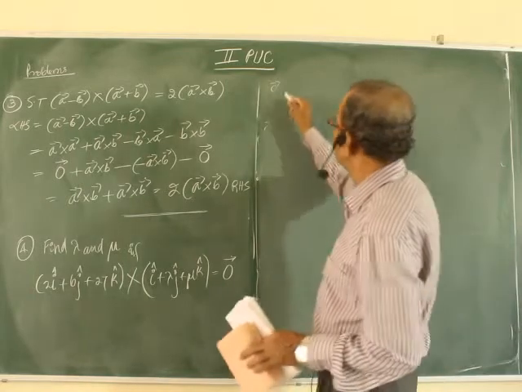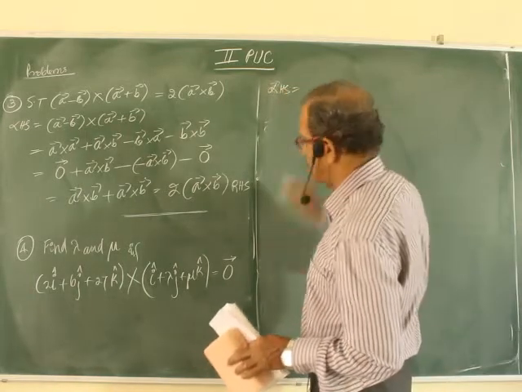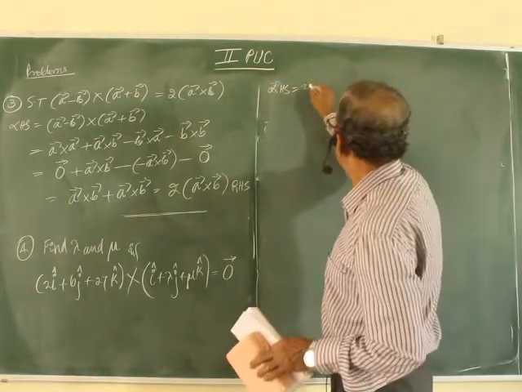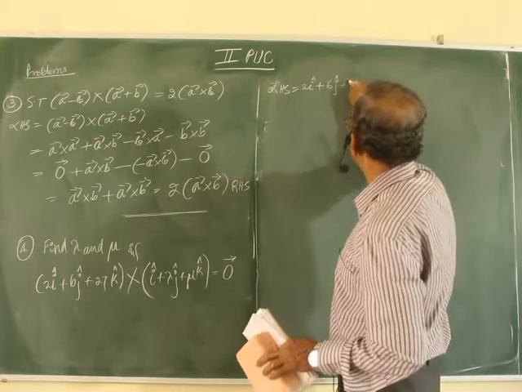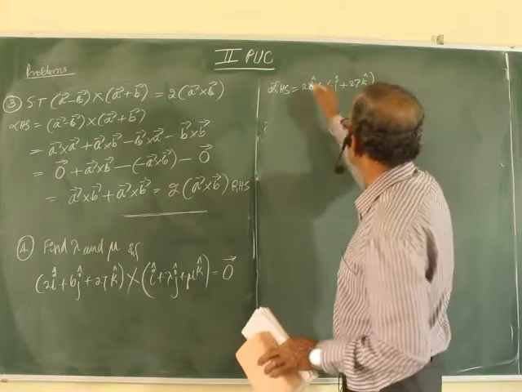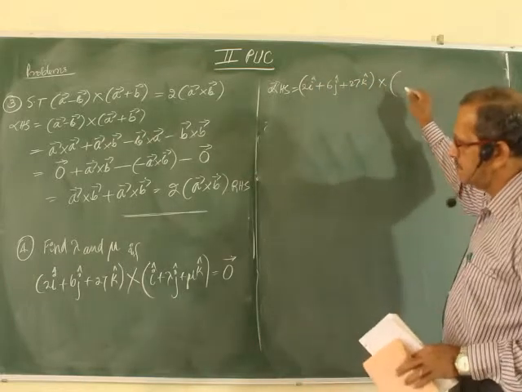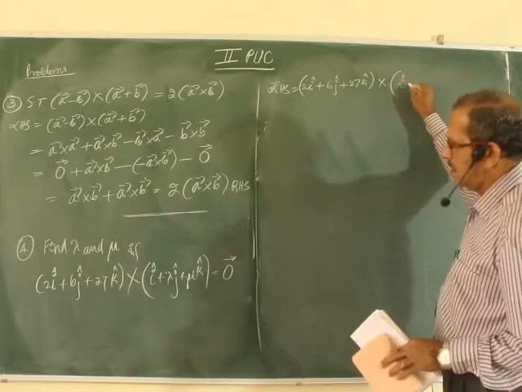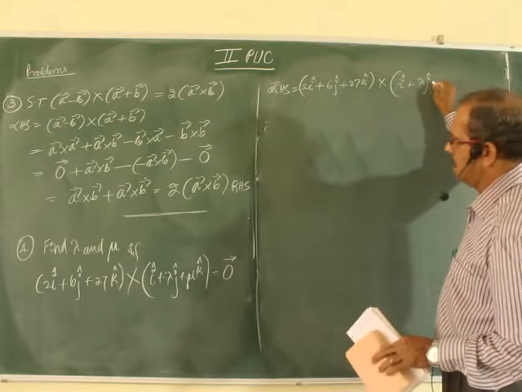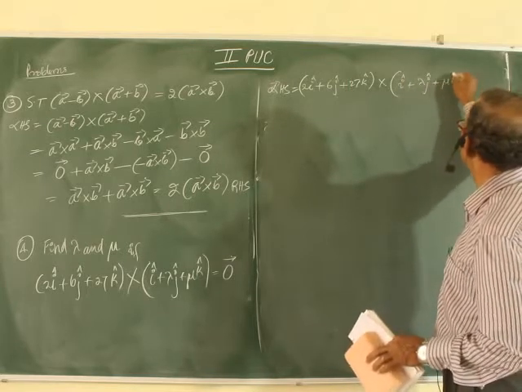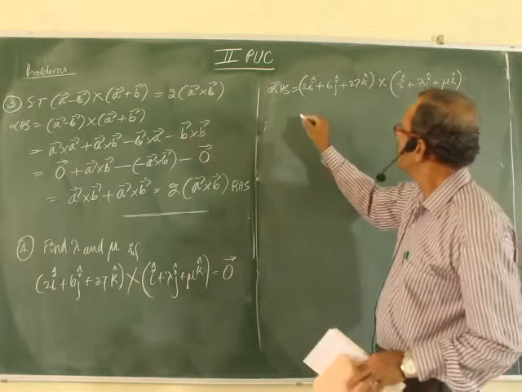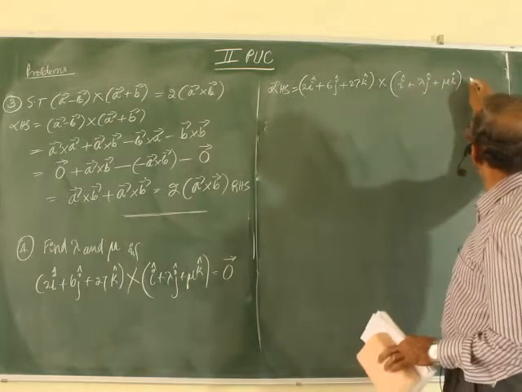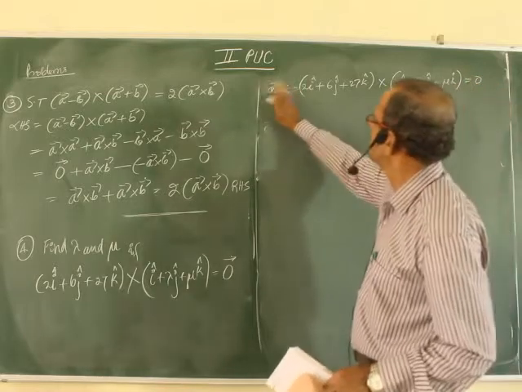Cross product means left hand side equal to 2i plus 6j plus 27k cross i plus lambda j plus mu k are equal to 0.